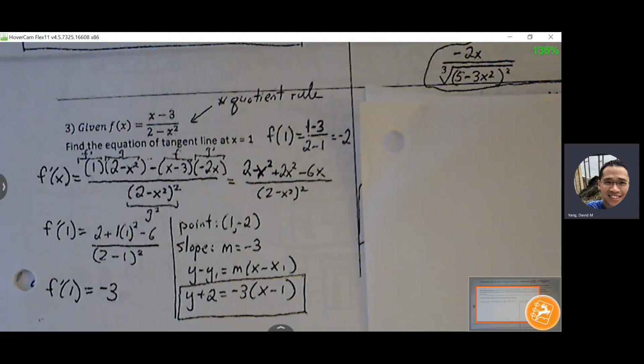I just got it to as clean as I could, and then replace all the x's with 1 to get to my slope.